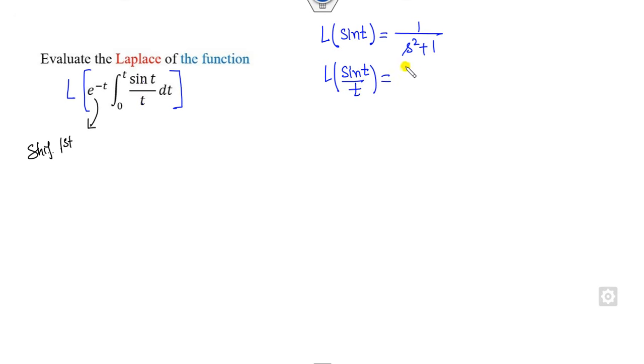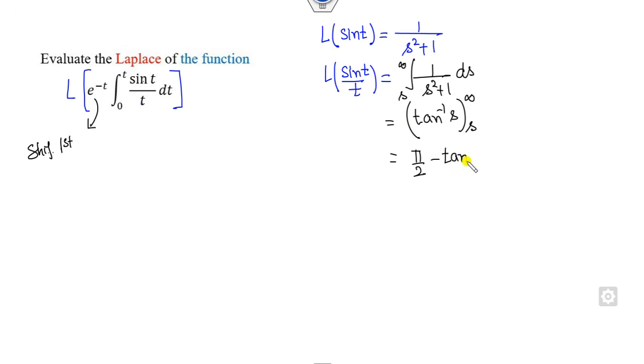That comes to be the integration from s to infinity of 1 over s square plus 1 ds. So that is tan inverse s from s to infinity. So pi over 2 minus tan inverse s, that is cot inverse s.